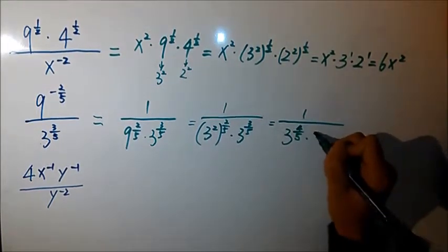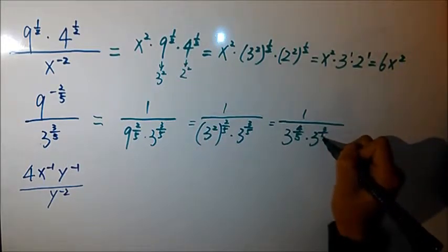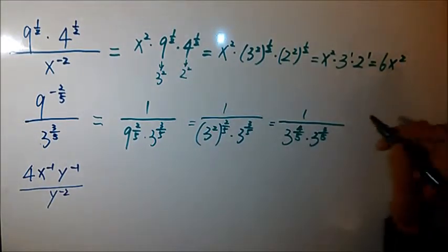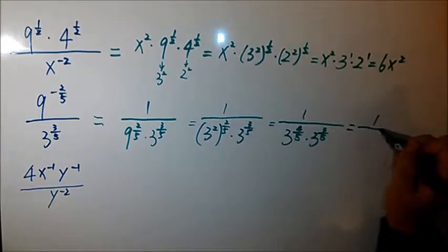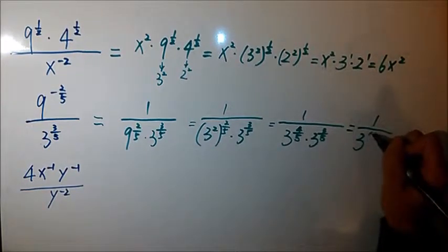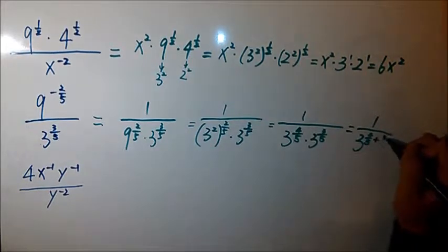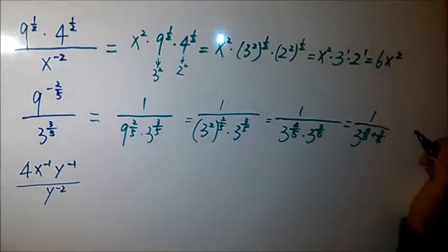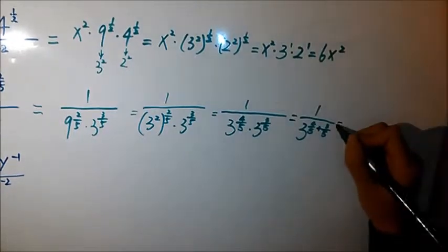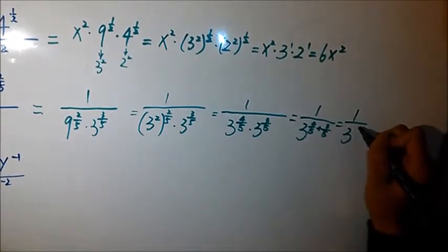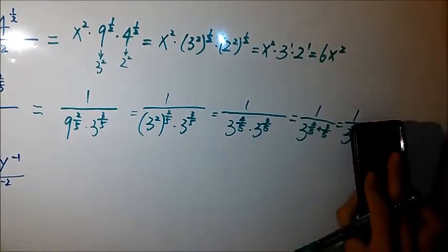Times 3 to the 5th power. And now we're going to add the exponents together. So 3 to the power of 4 to the 5th power plus 3 to the 5th power. That will be equal to 1 over 3 to the 7th over 5 power.